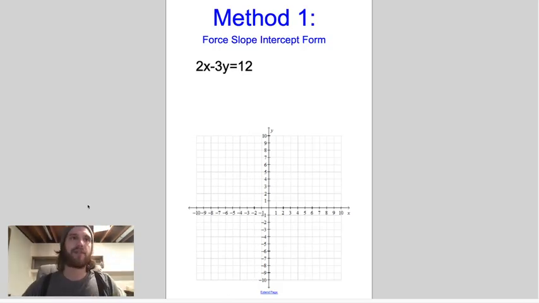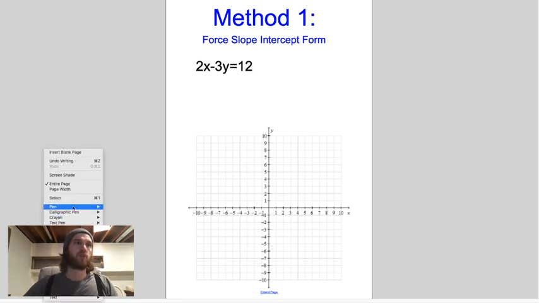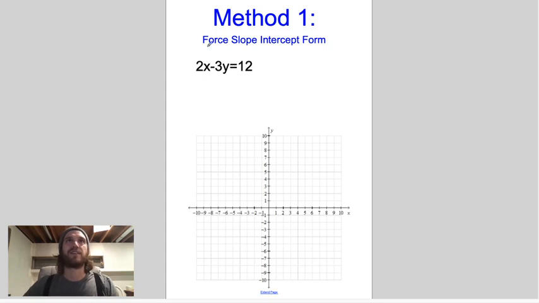So the first method that I'm going to teach you, when it's not in this form, is to force it to be in slope-intercept form. So you take the form that it's currently in, and then you shift stuff around using the inverse operations we learned in Unit 1 to force it to be in a form that we understand.